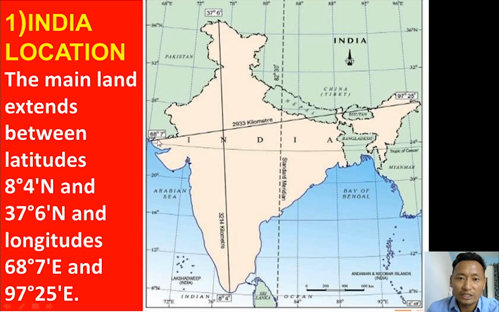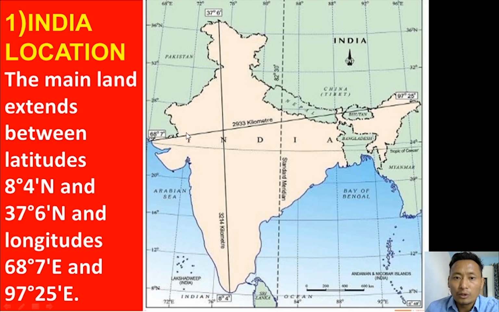Greenwich meridian is 0 longitude and divides the world into eastern hemisphere and western hemisphere. India lies in the eastern hemisphere. So India lies from 68 degree 7 minute east to 97 degree 25 minute east. This is the longitudinal extent of India.